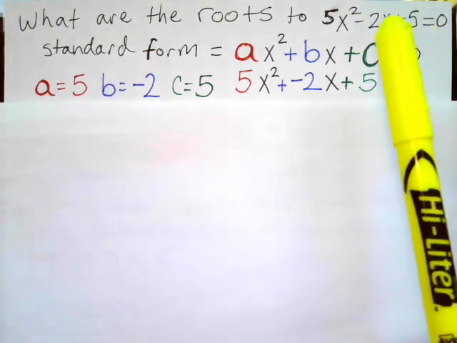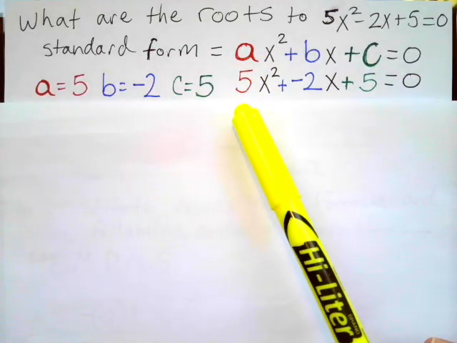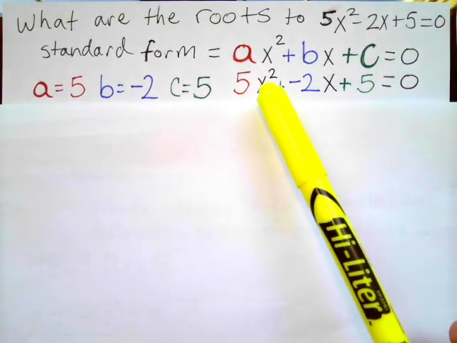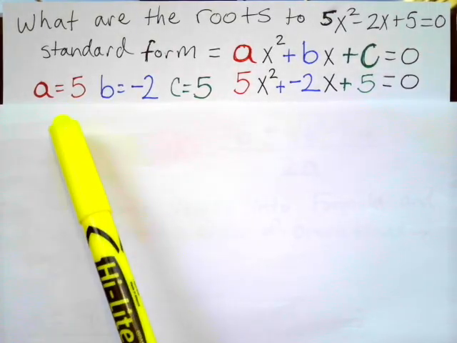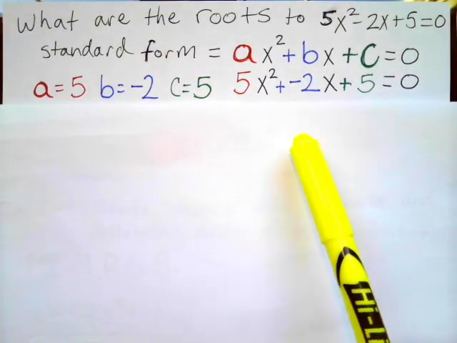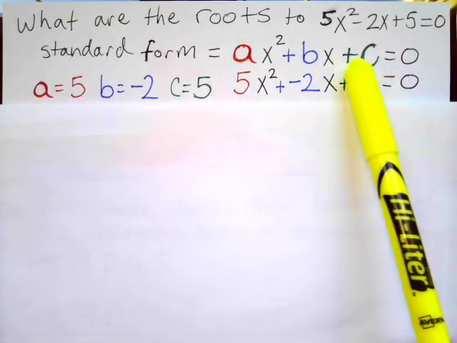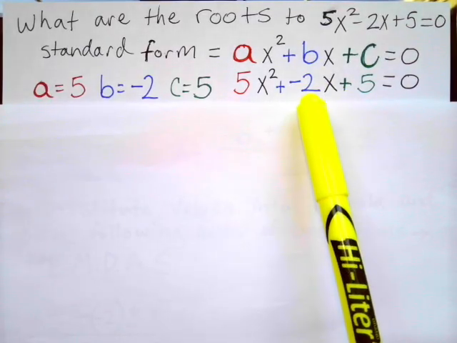So here's the problem. I've color coordinated it from the top. In front of my x squared is my A value. So I'm going to organize and label A equals 5. In a moment, I'll be substituting these values into a formula. Based upon standard form, my B value is going to be in front of that x.